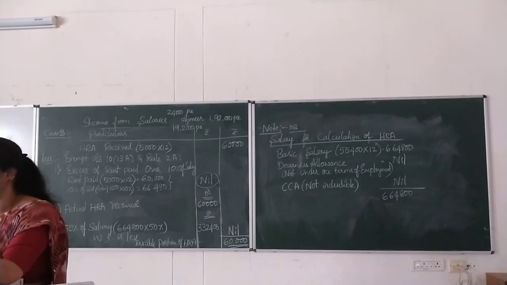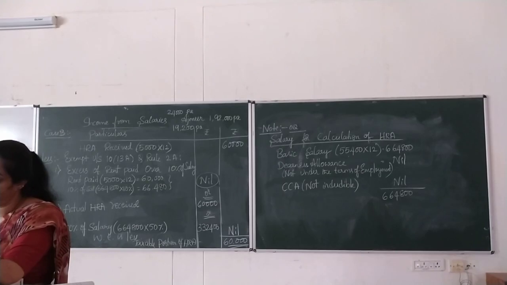We should take this as per annum. Okay, 21,500 as house rent, full stop. Determine the quantum of HRA exempt from tax.